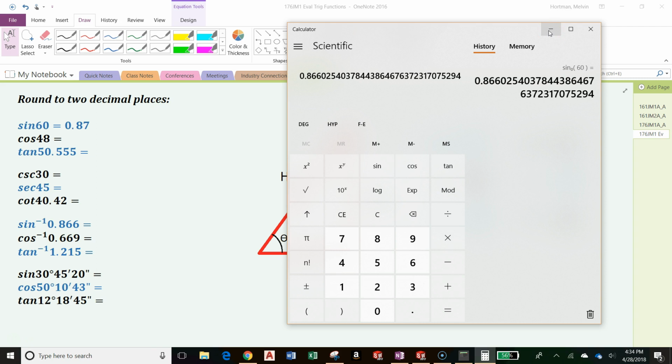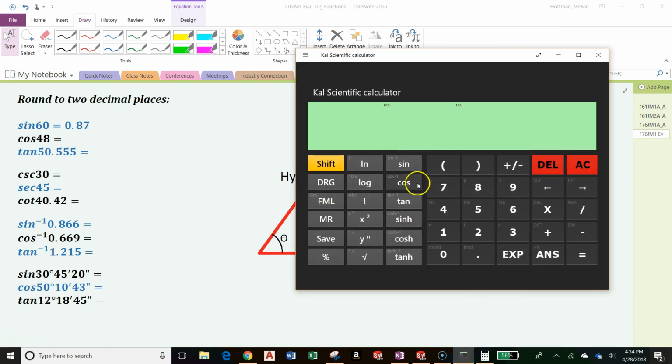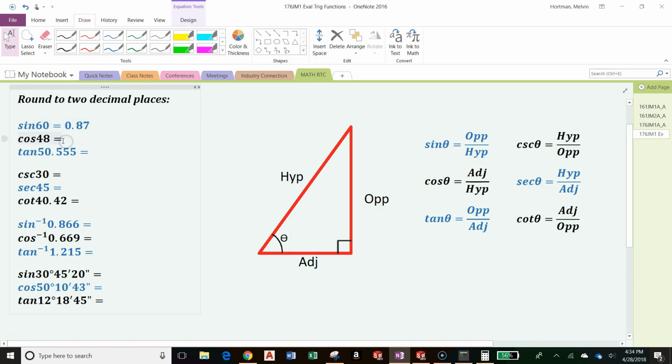Let's do some more examples. So the cosine of 48. The cosine of 48 on our calculator, similar to the TI-36X Pro, we would hit cosine, hit 48, and then press equals to get 0.669130606, and it keeps going on. To round this to 2 decimal places, it would be 0.67. So I'm going to come over here and write that in, 0.67.